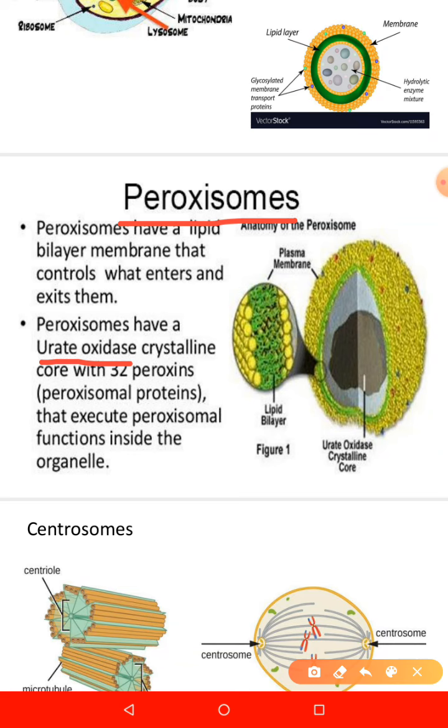Lysosomes, we say they work on immune kind of functions. Peroxisome, they are more involved in chemical detoxification. Okay. Lysosome, they are more involved in killing pathogens or foreign bacteria and viruses.